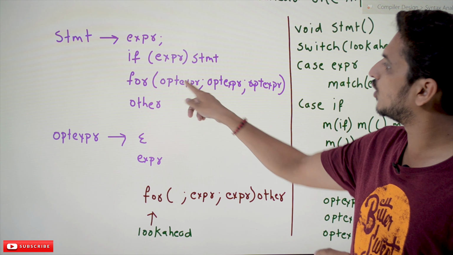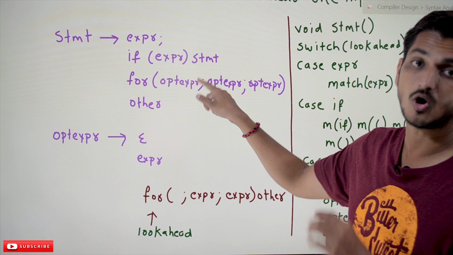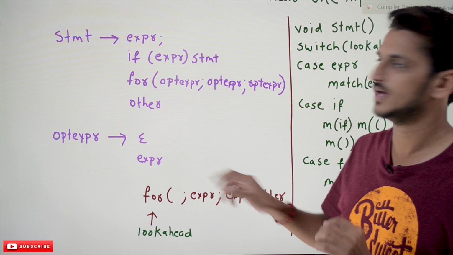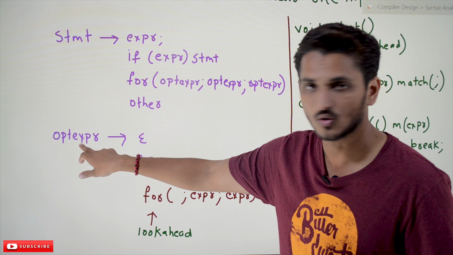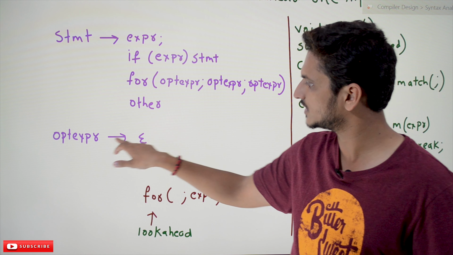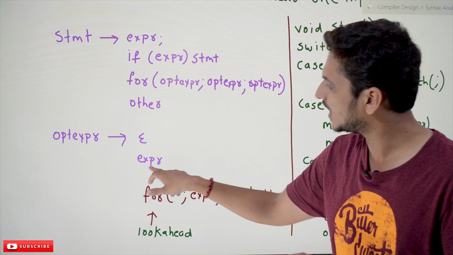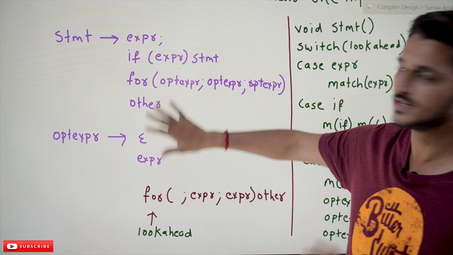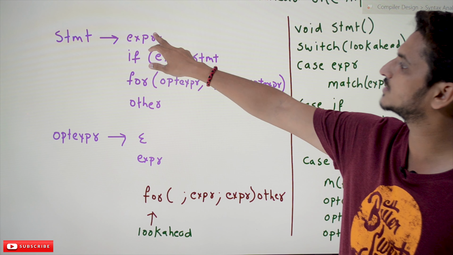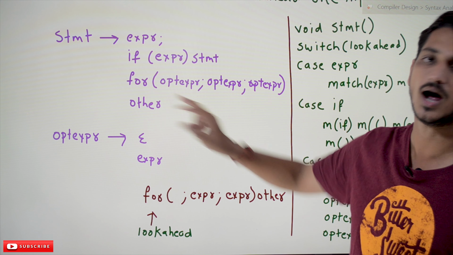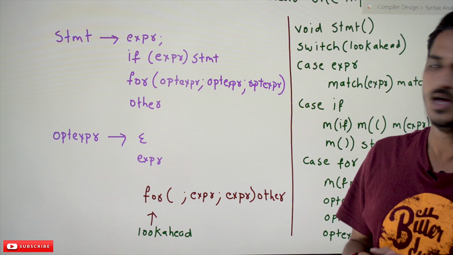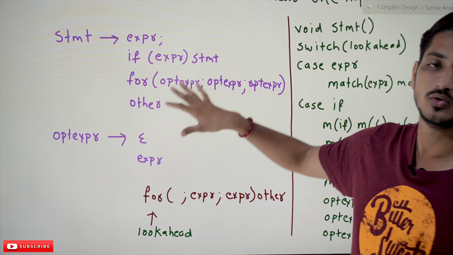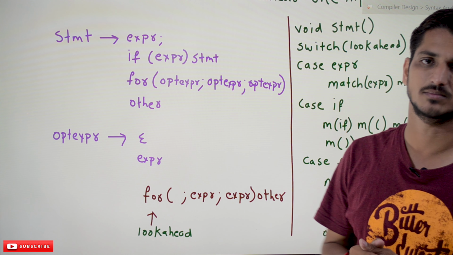Like that, optExpr, meaning optional expression, is a non-terminal. It is going to take epsilon or expression. So this is the grammar which we are following. This grammar is going to identify expressions, if statements, loop statements and other statements. Using this we are going to understand what predictive parsing means.